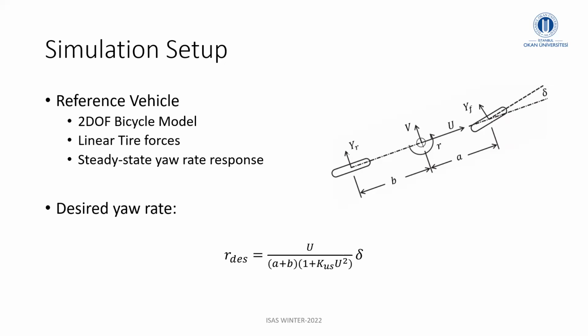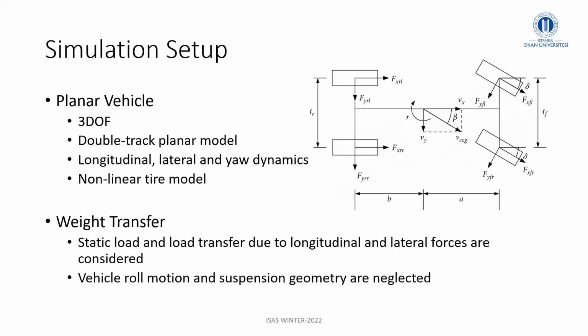The understeer gradient depends on the parameters of a specific vehicle, where A is the distance from the front tire to the center of gravity. This can change according to different vehicles, and for this simulation, we have kept it as a neutral vehicle since it's a reference point.